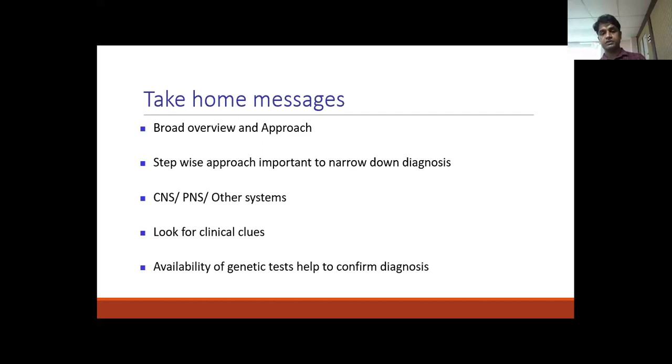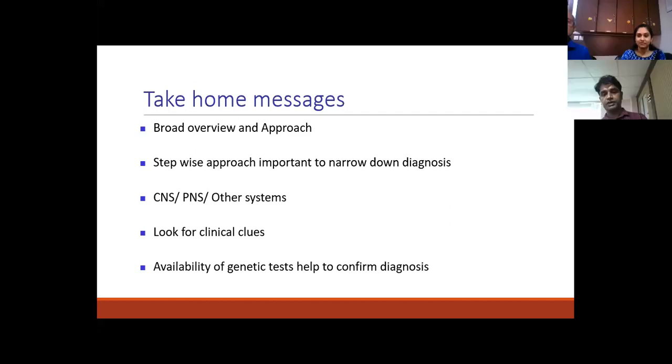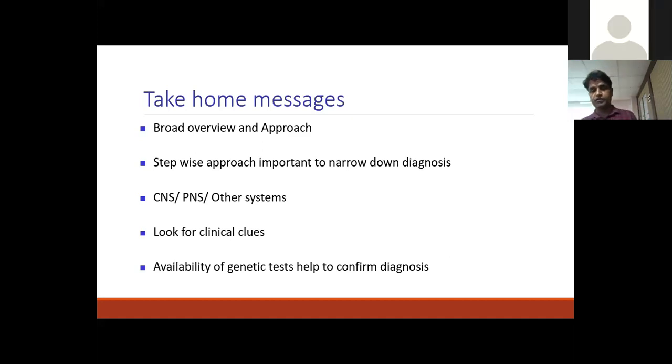Sometimes the biochemical tests can be very costly, so you do a few tests and then you end up doing a genetic test to confirm. Even with a biochemical abnormality, you may end up with a genetic test to confirm, and you have to do screening of the parents, which is useful for the next pregnancy. Genetic counseling is essential.